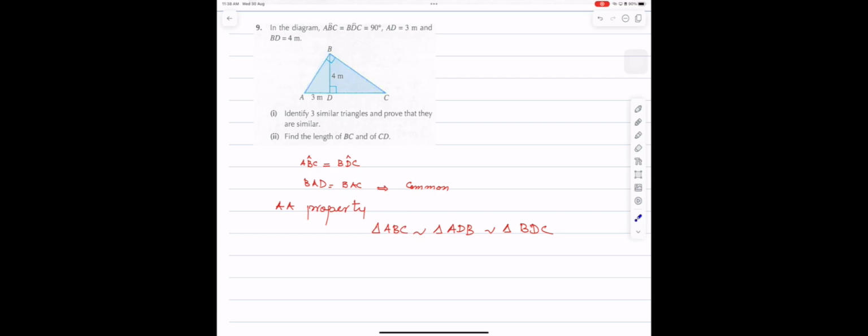Since ABC angle C and BDC angle C is common, and D and B, both of these angles are 90 degrees, that means these two triangles are also similar. By applying Pythagoras we can find the value of AB, which is 5, because 3 squared plus 4 squared is 25. When you take square root, AB is 5.